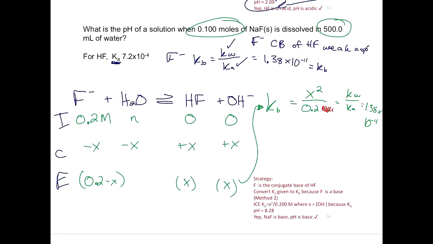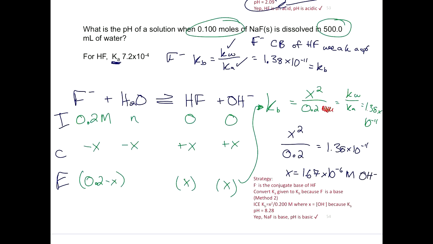We can say that because 0.2 is a rather big number, x is going to be a small number. So this reduces down to x squared over the initial concentration of F minus equals Kb, 1.38 times 10 to the negative 11. You get that x is equal to 1.67 times 10 to the negative 6 molarity, but it's the concentration of what?